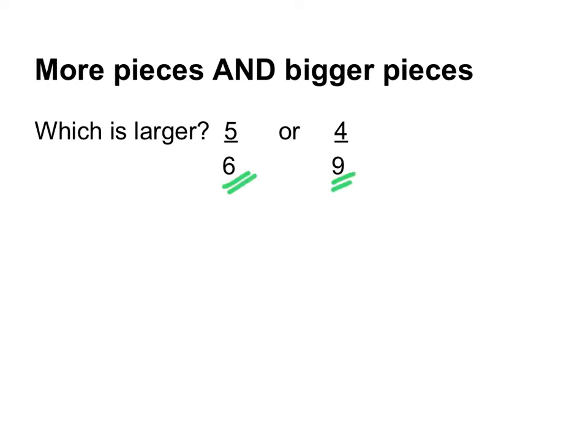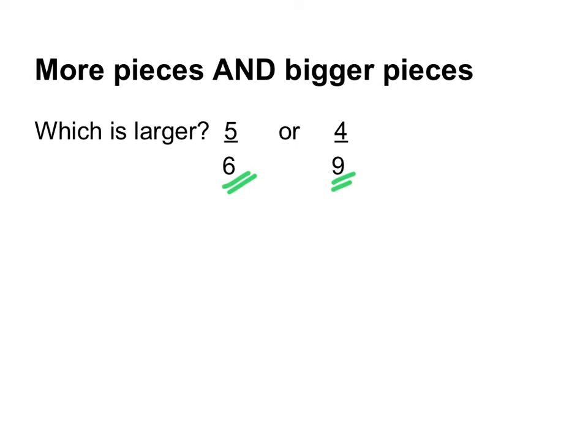The first thing is we need to be talking about the same size whole. If I have a little teeny cake and I have a really big cake, then 6 pieces versus 9 pieces, I can't make that comparison. But assuming both cakes are the same size, and you like this particular kind of cake, do you want that cake cut into 6 pieces, or would you like that cake cut into 9 pieces?